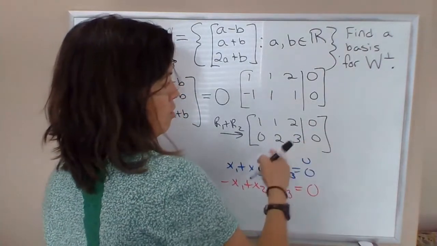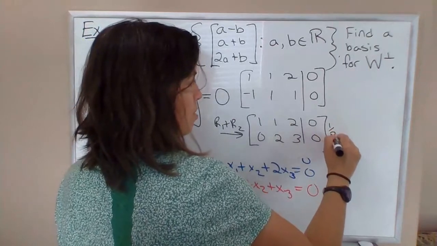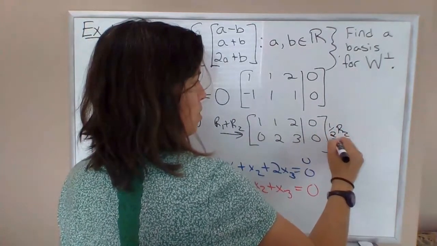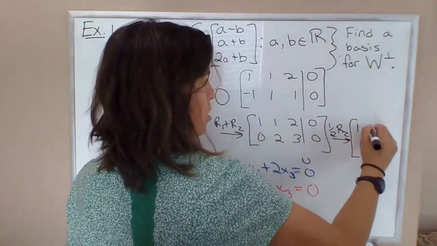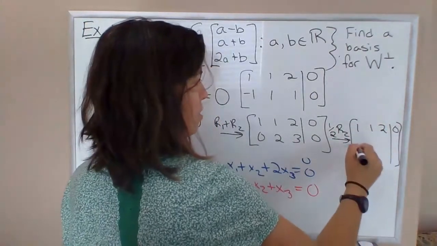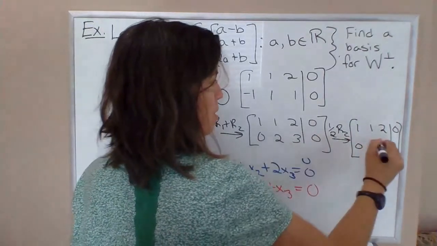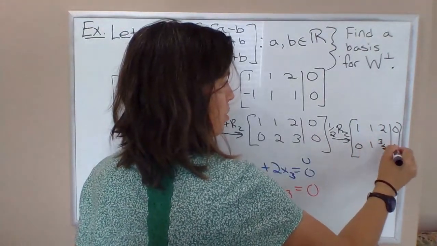Now I want to make this entry a 1, so 1/2 times row 2. So it's 1, 1, 2, 0, and 0, 1, and multiplying by 1/2, this will be 3/2, and then 0.